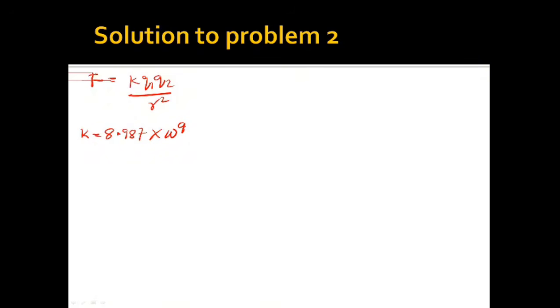Q1 was given to you, and it said they are identical. That means Q1 is equal to Q2, both of them have the same value. And what is the value? 4 times 10 raised to power minus 8. That is what is given to us.